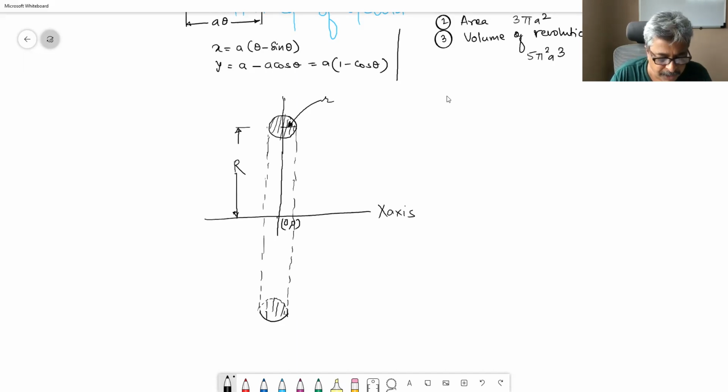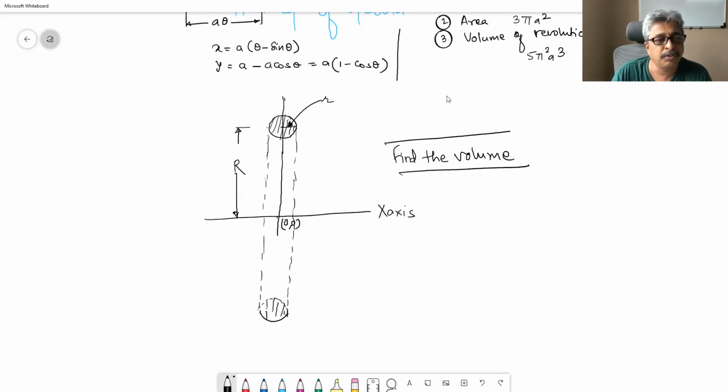Find the volume of cycle tube. Is the problem clear? Tube radius is smaller and it is revolved around, center is capital R distance away from x-axis and the rotation is complete. Find the volume.